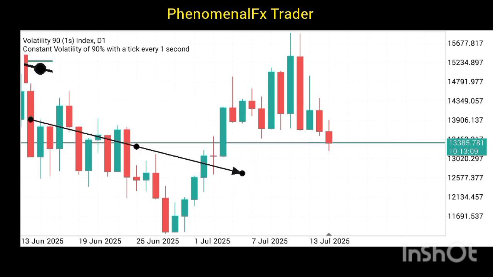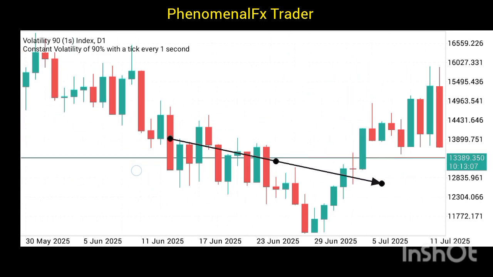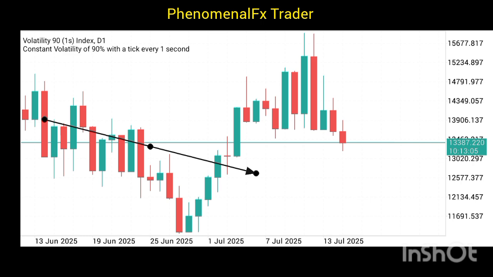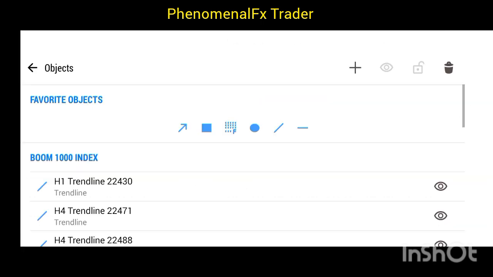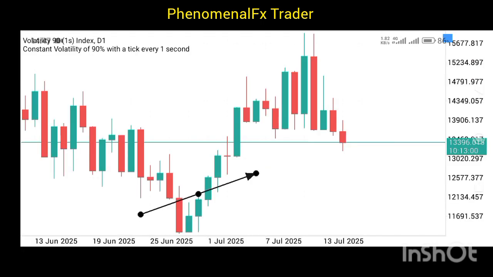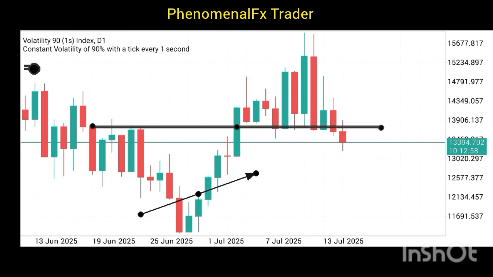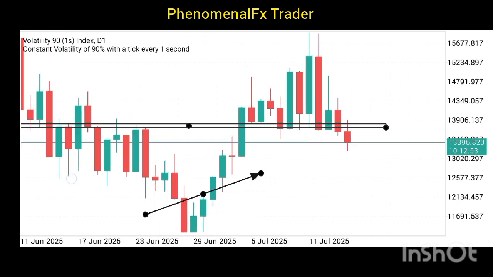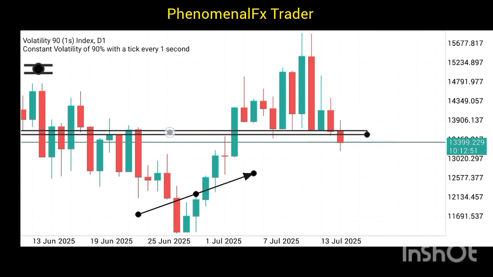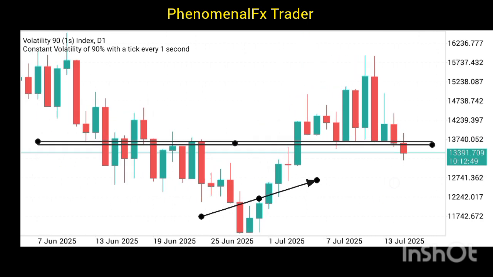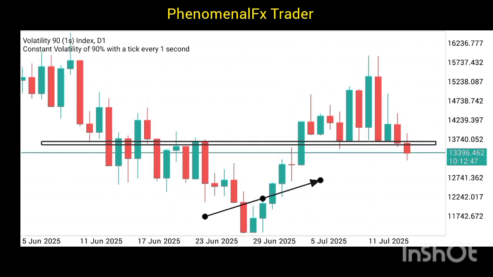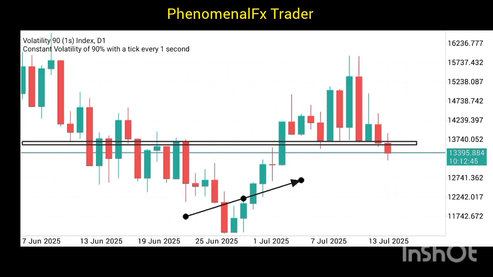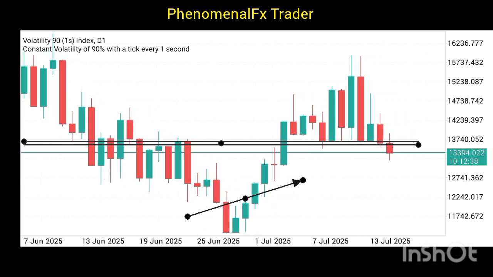So we have to identify this zone and mark it, so that we are sure if the market has successfully broken and closed below that zone. The current day's candlestick has broken below the zone, but it hasn't yet closed below it, so the breakout isn't confirmed yet.